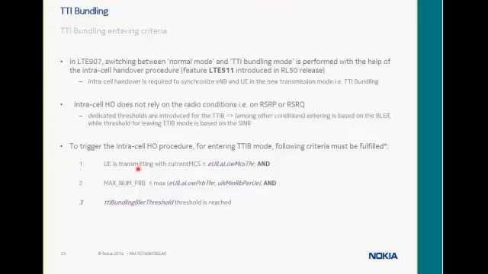Our coverage edge means our subscriber has reached the lowest threshold for MCS. The current MCS is lower than or equal to the EULA low threshold, and the maximum number of PRBs that we have assigned to the subscriber is less than or equal to the EULA low PRB threshold, or the minimum, whichever is greater of these two, the minimum PRBs that we can assign to a user, and we have reached the TTI bundling block error rate threshold.